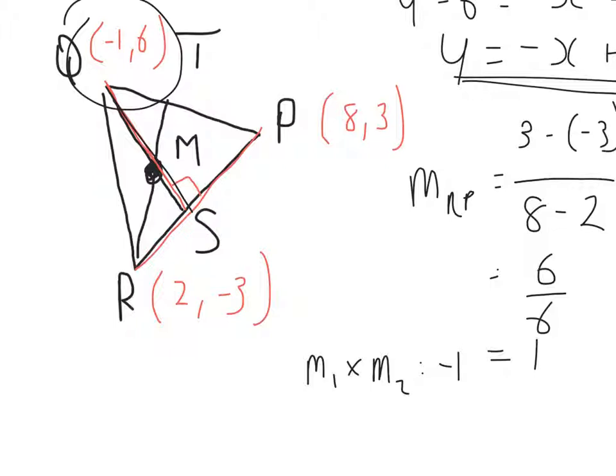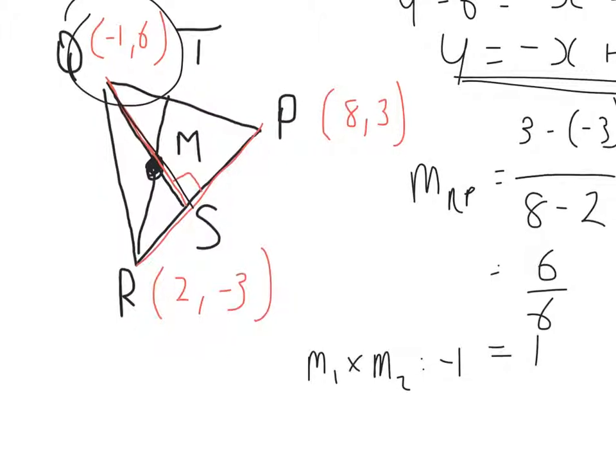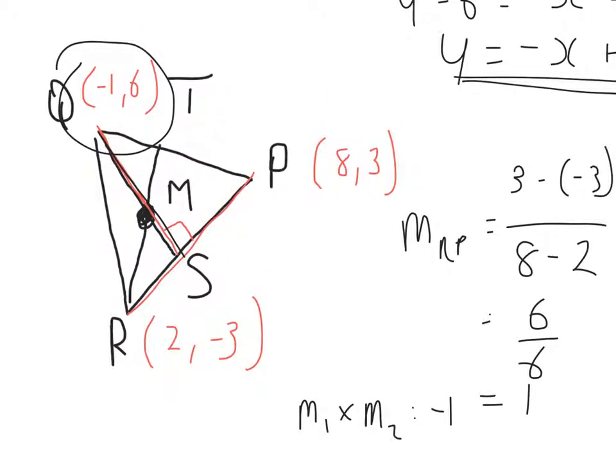The question is now asking me to find the equation of the median RT. So there is the median RT, which, if it's a median, cuts this line in the middle. So let's first of all find the midpoint here of QP.